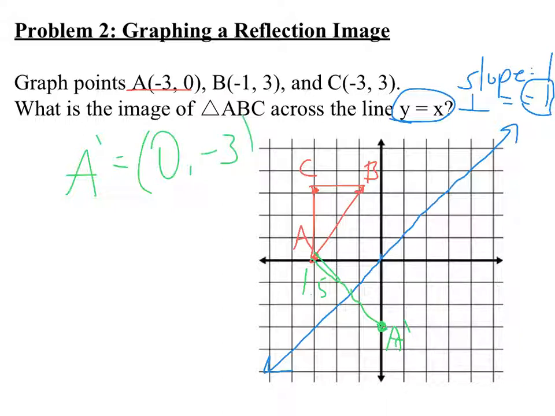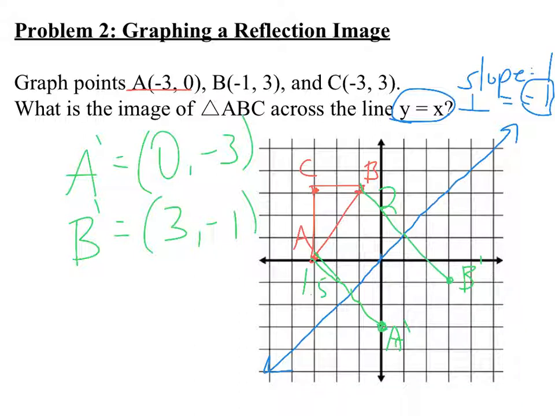For B, again drawing a line with a slope of -1 from B, 1, 2, down to that line. So now I keep going 2 in that other direction. There's where B prime is, sitting at the point 3, -1.